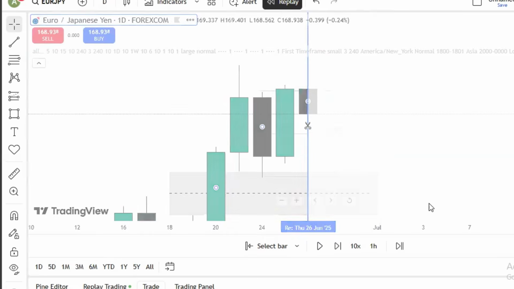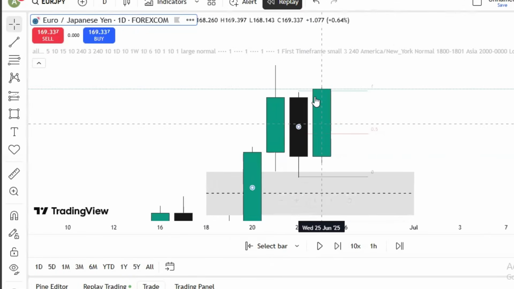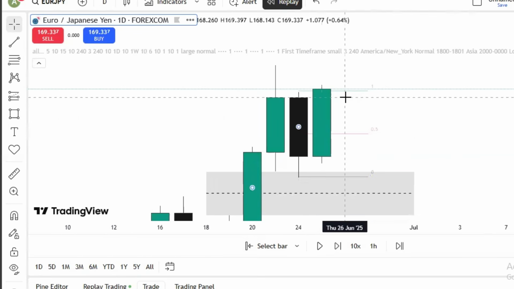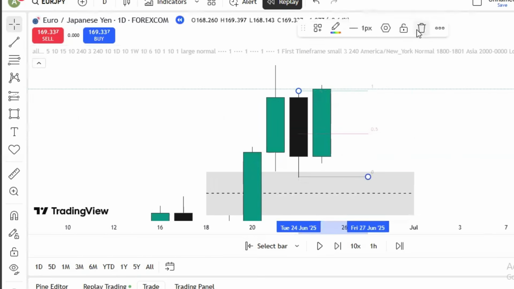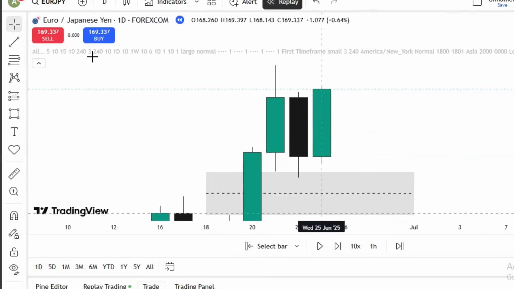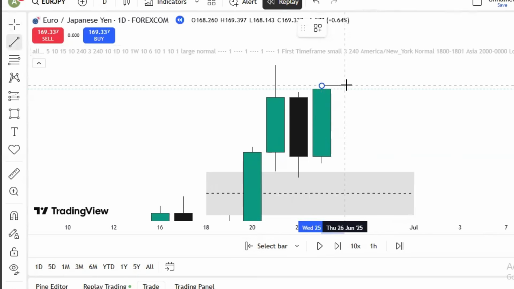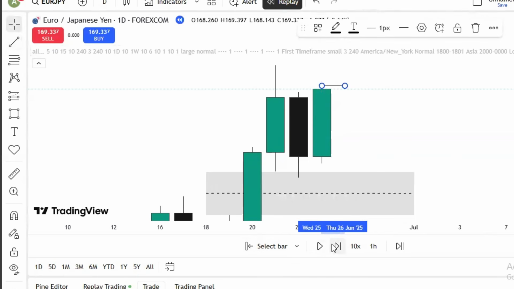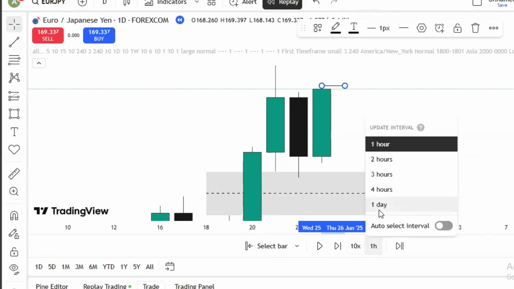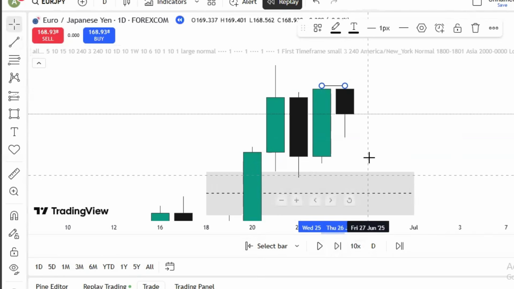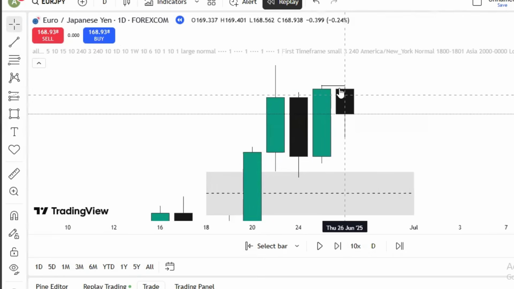So in this scenario, I'll be even doubting to trade this third candle because I wanted it to open at the upper half. But since the third candle is printing so strongly, we can focus on trading the fourth candle to this previous daily high. And you can see that the fourth candle went there.